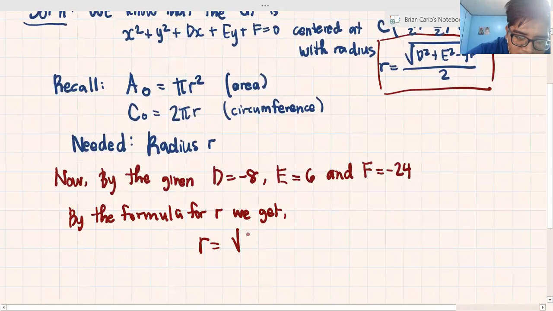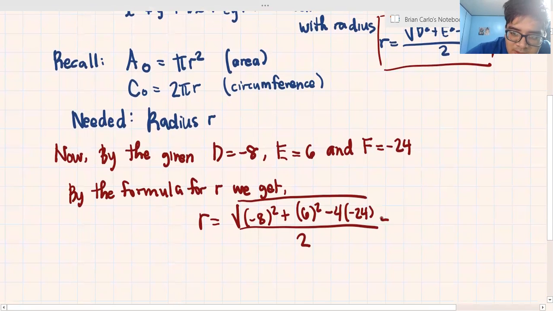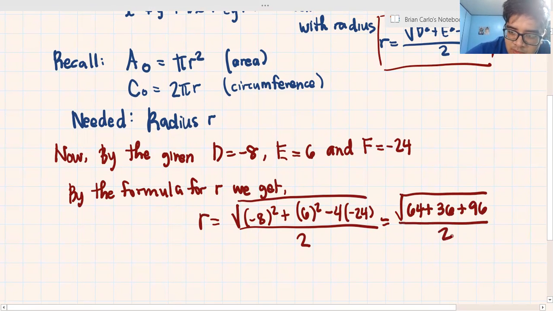That becomes the square root of negative 8 squared plus 6 squared minus 4 multiplied by negative 24, all over 2. This is equal to the square root of 64, because negative 8 squared is 64, plus 6 squared or 36, plus 96, because 24 multiplied by 4 is 96, all over 2.